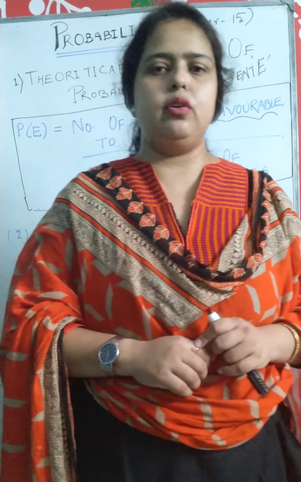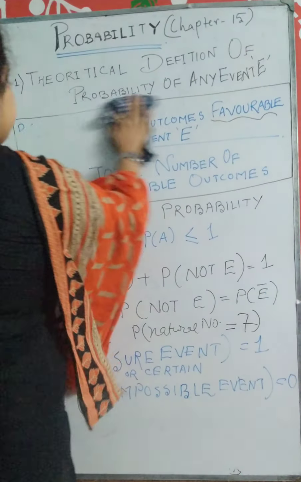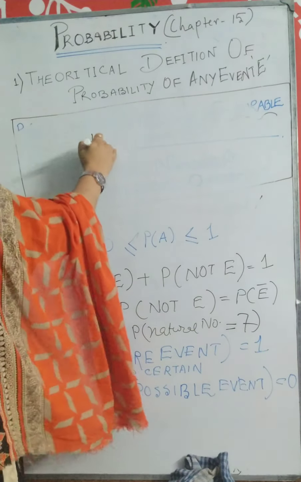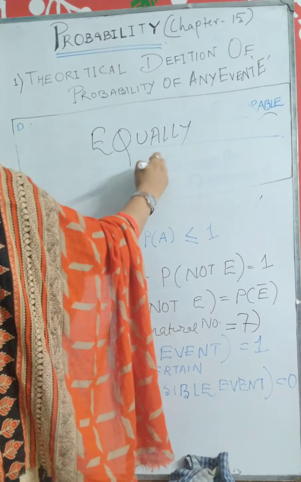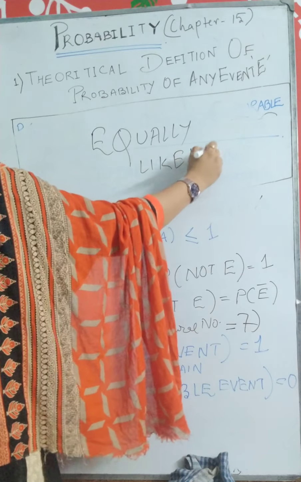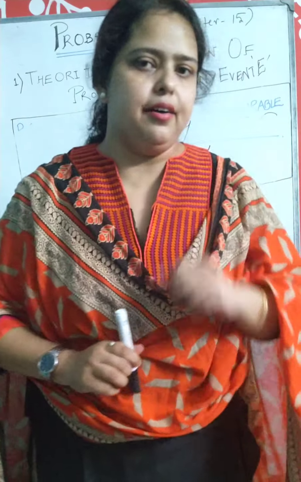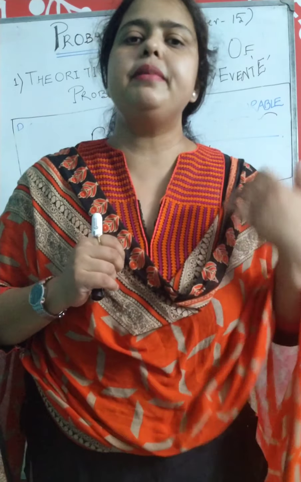One more last thing I would like to explain is equally likely or equiprobable events. Please look here, equally likely, one more term. The name itself defines it. If the probability of getting head is half and the probability of getting tail is half, they are equally likely, 50-50 chances, and that means they are equiprobable.